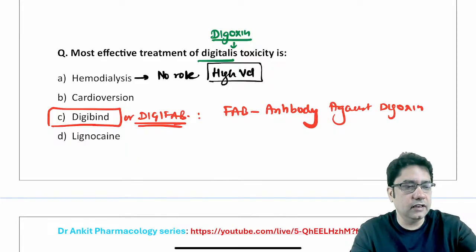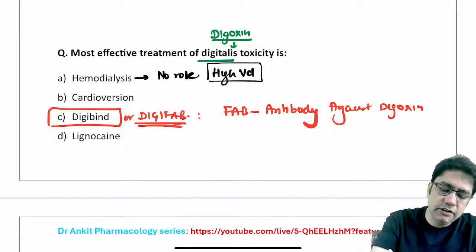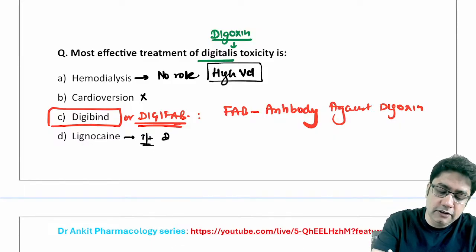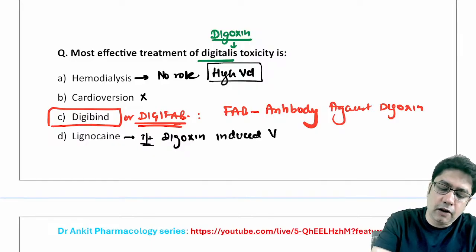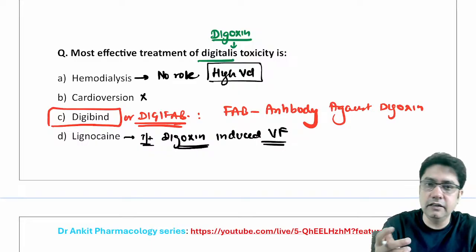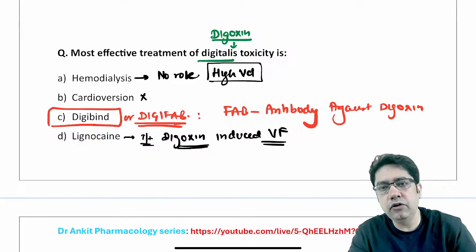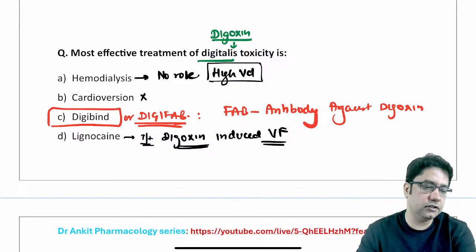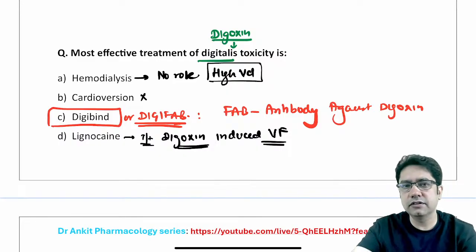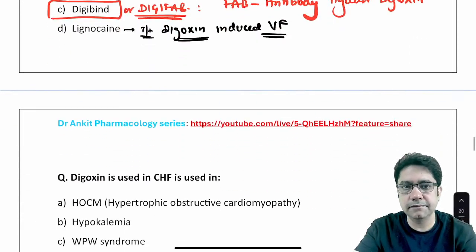There is no point of doing that, right? Cardioversion we don't do. Lignocaine, it is given for the treatment of digoxin induced VF. If the patient is having ventricular fibrillation due to digoxin, only then we give lignocaine to treat the arrhythmia due to digoxin. Otherwise, we don't give lignocaine in digoxin poisoning.